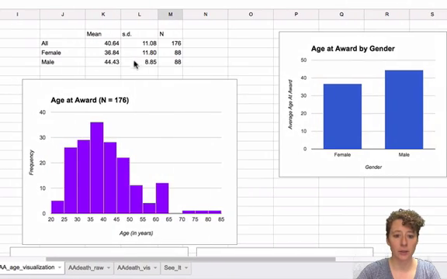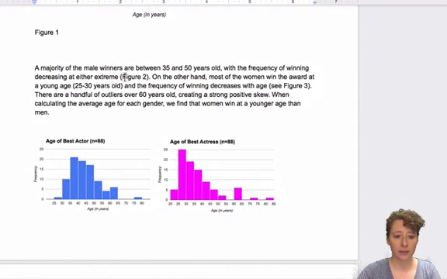So what were our actual numbers? It's about a 10-year difference, let's say that. By about 10 years. I do want to report the actual descriptive statistics, mean and standard deviation here.